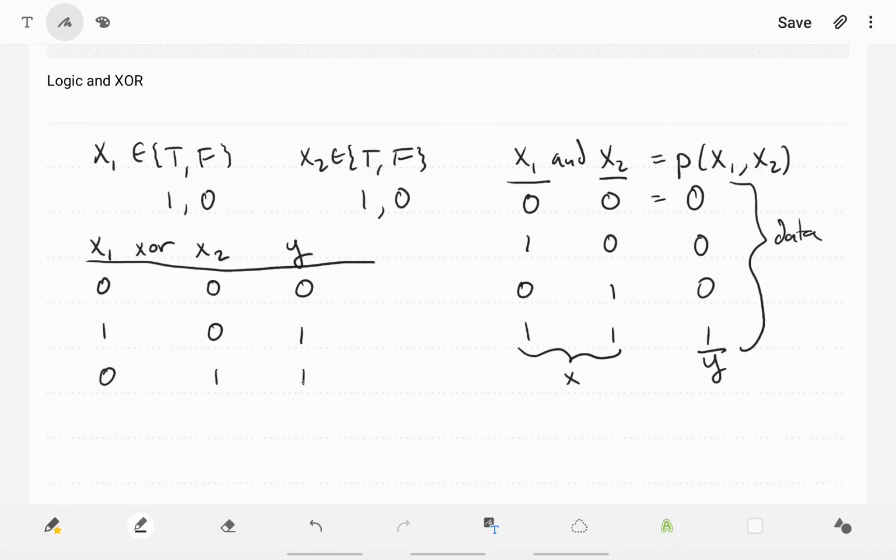A 0, 1 would produce a 1, and a 1, 1 would produce a 0 because we do not want AND to be true. So this is just the definition of XOR. It's OR but not AND.